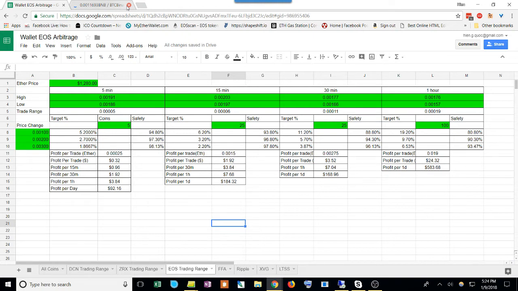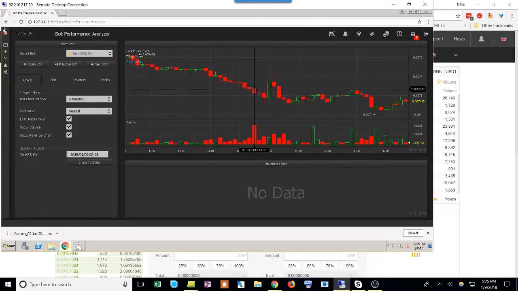As far as picking these out, I'm just going to look at certain points that have been pretty common. In the 5 minute mark, it's trading between, and I see a lot of these sizes that are about this size.